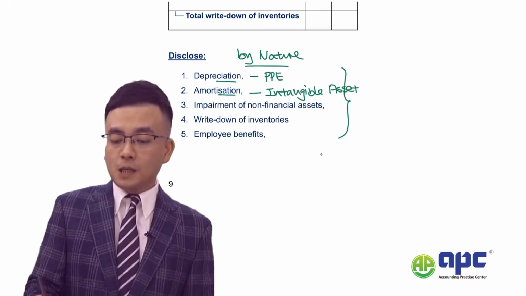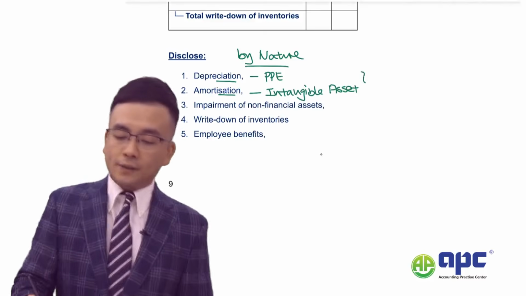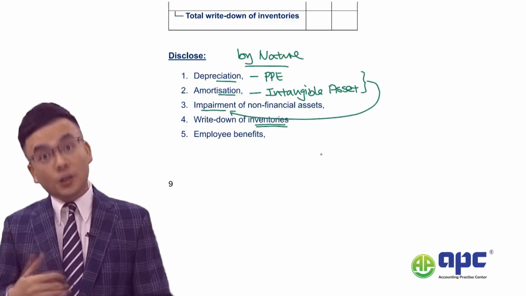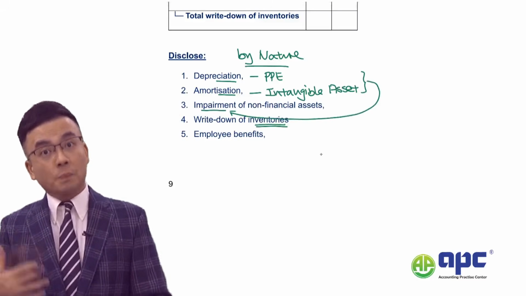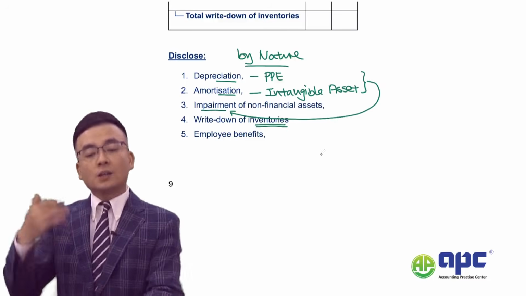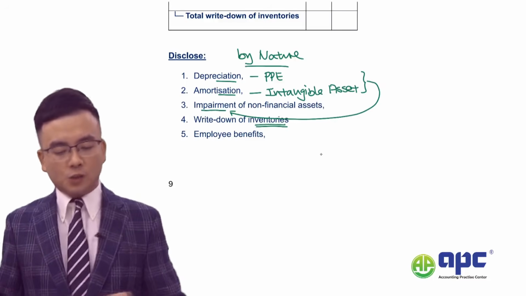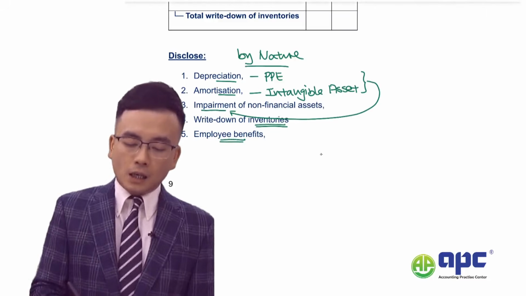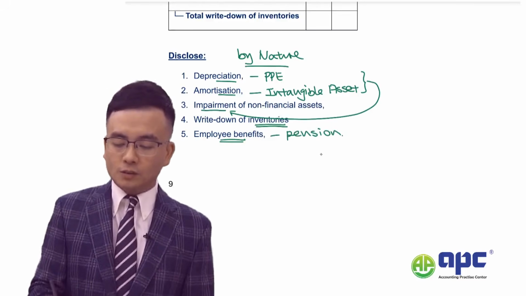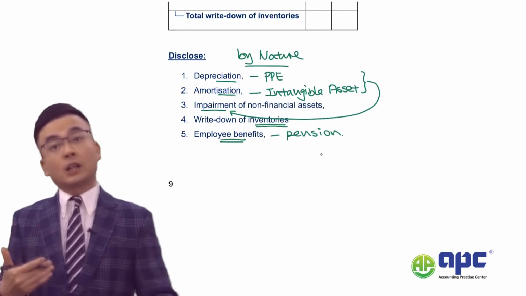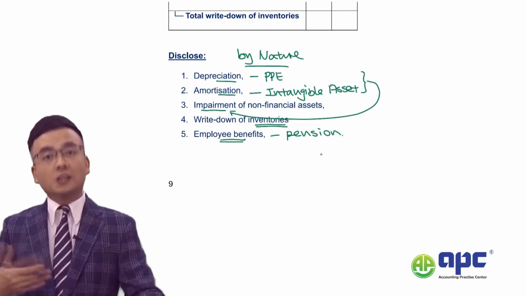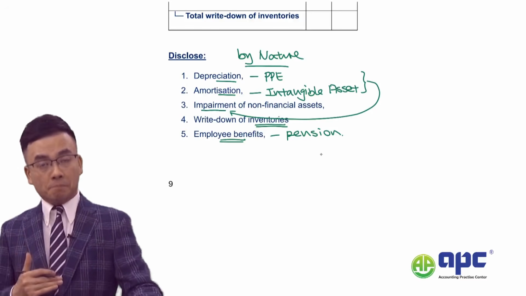At the same time, you will need to consider whether or not these two would be subject to impairment. And of course, some companies which may not have inventories can ignore that. But if you've got inventories, please provide the write-down of that as well. And even the employee benefits, including the pension schemes, you will need to disclose in the note, which means that you will need to disaggregate them.